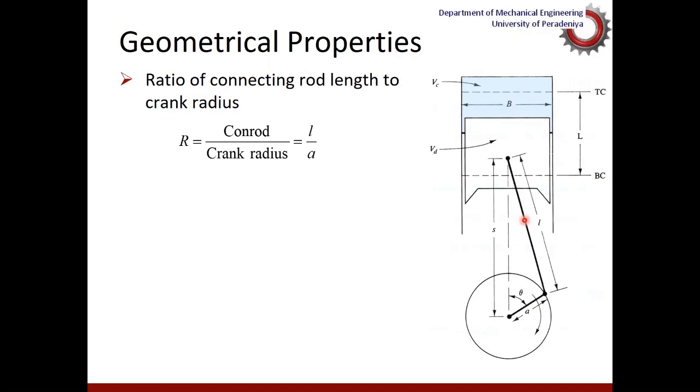So one phenomenon, as I said earlier, one design objective that you need to look at is surface to volume ratio. When you have a certain volume, that volume decides how much power you produce, because density times volume is mass, and mass times calorific value of fuel is energy.